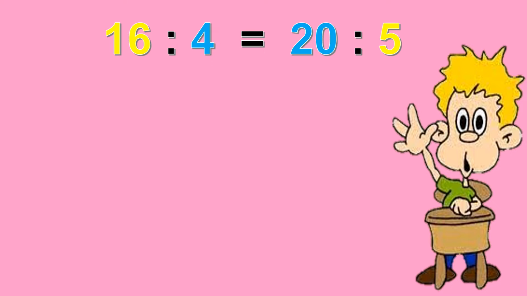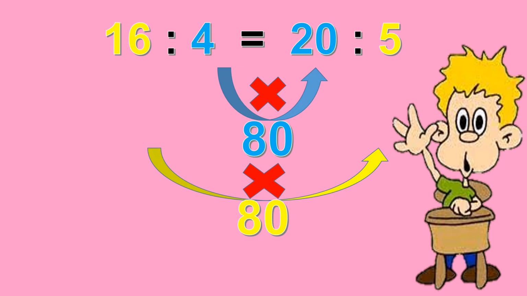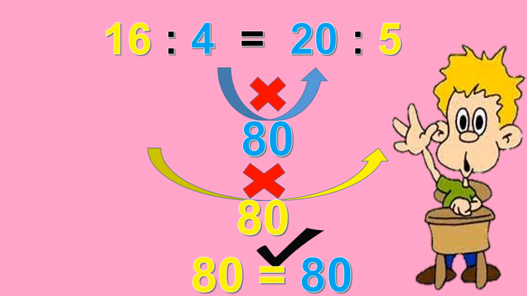First, let's multiply the extremes. 16 times 5 equals 80. Next, we will multiply the means. 4 times 20 equals 80. 80 equals 80. Therefore, the two ratios are proportion or equivalent.